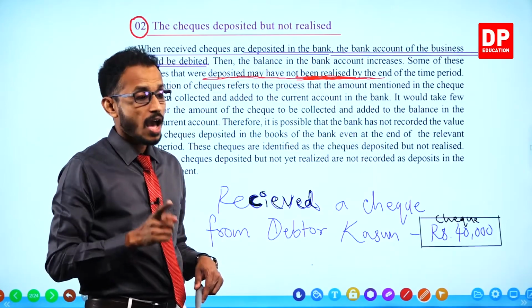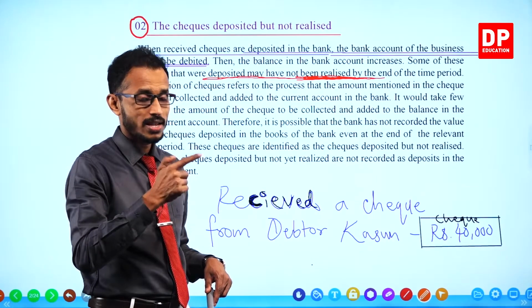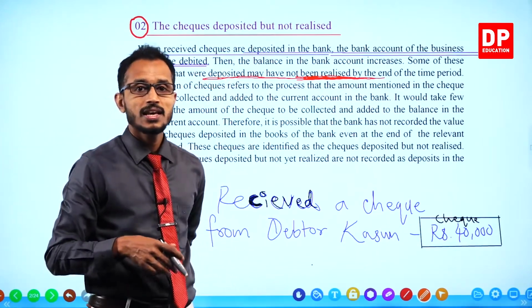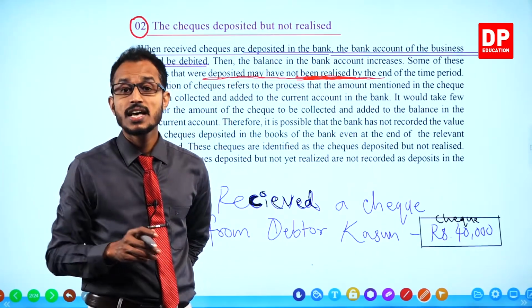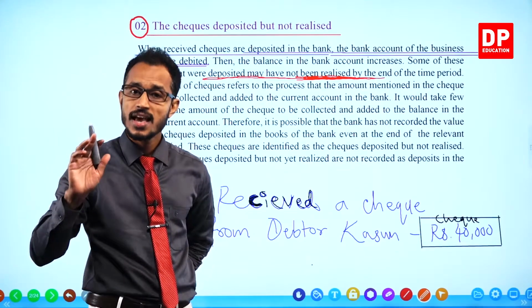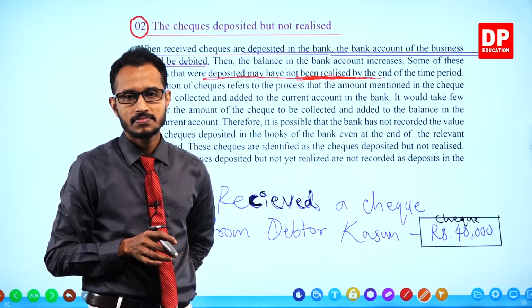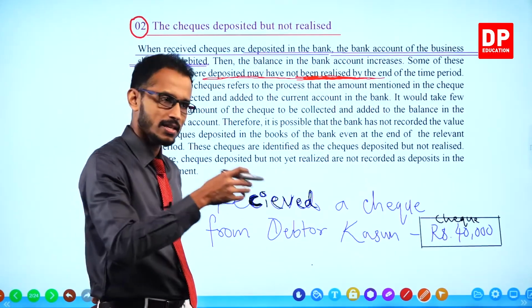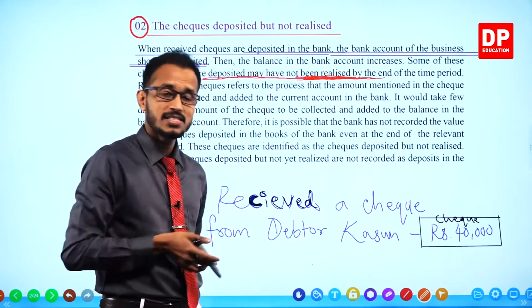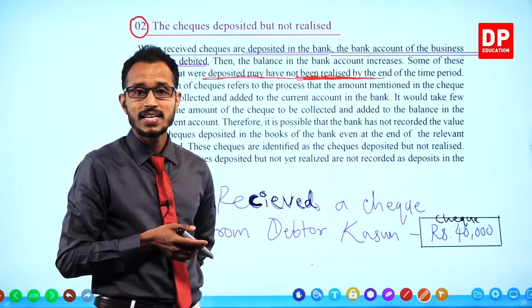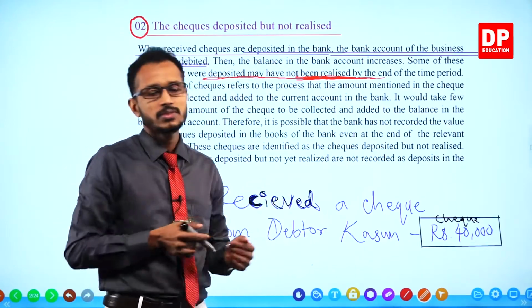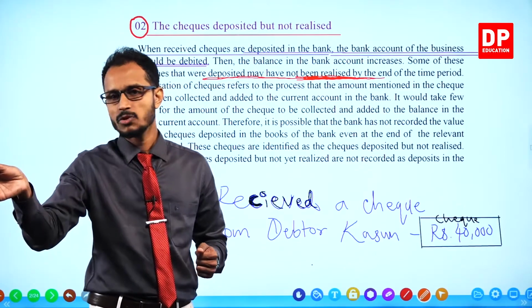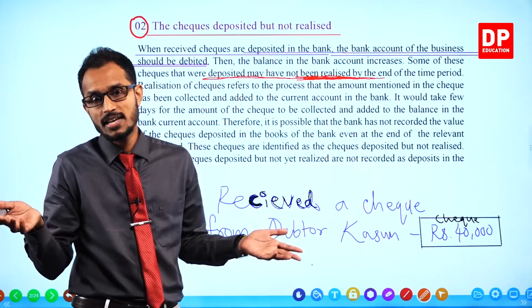So our bank account balance increased in the books, but the actual situation is that our bank balance has not increased, because the money has not yet come.